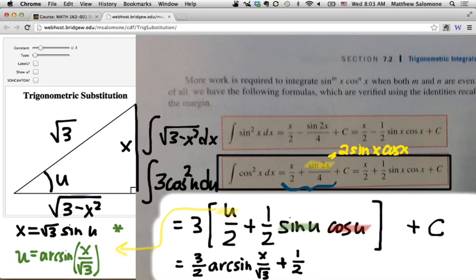So what is the sine of u according to the triangle? x over the square root of 3. Very good. Opposite over hypotenuse. And what is the cosine of u according to the triangle? Square root of 3 minus x squared over the square root of 3. I'll restore our plus c here at the end.